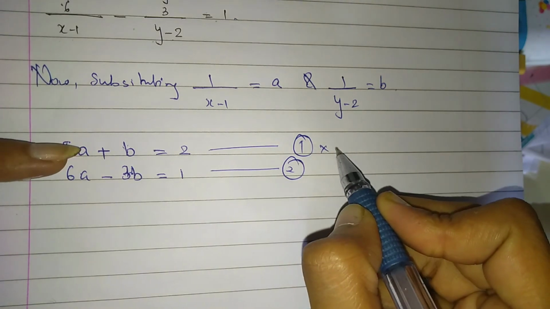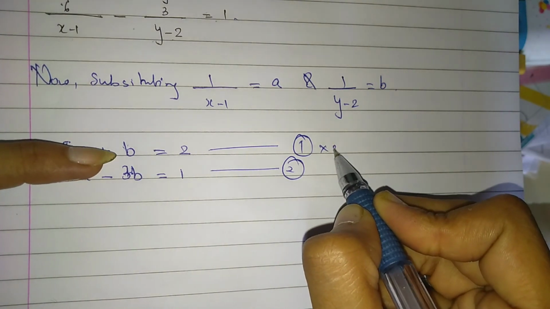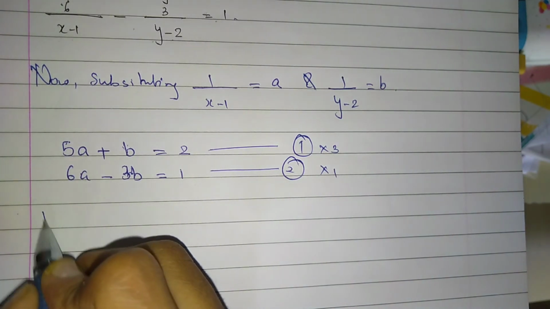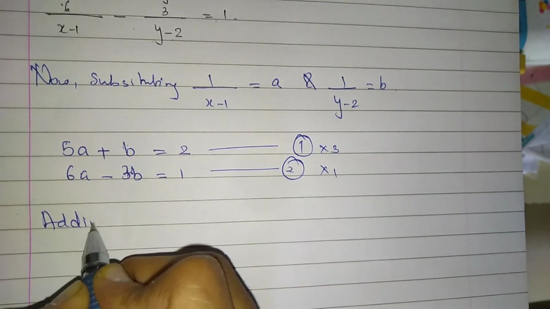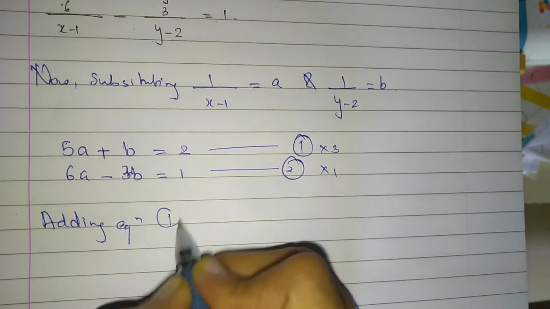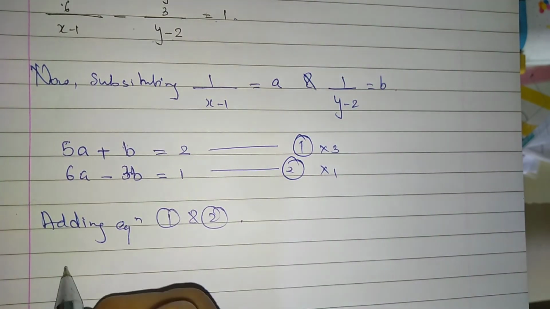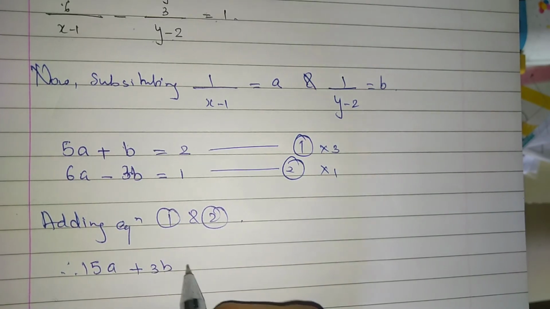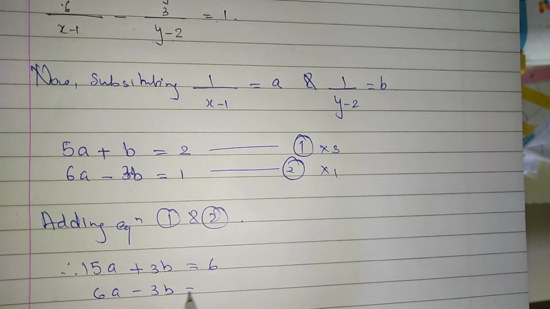So b into 1 into 3 is 3 and 3 into 1. Therefore adding equation 1 and 2. Therefore 3 5s are 15a plus 3b equal to 6. 6a minus 3b equal to 1.